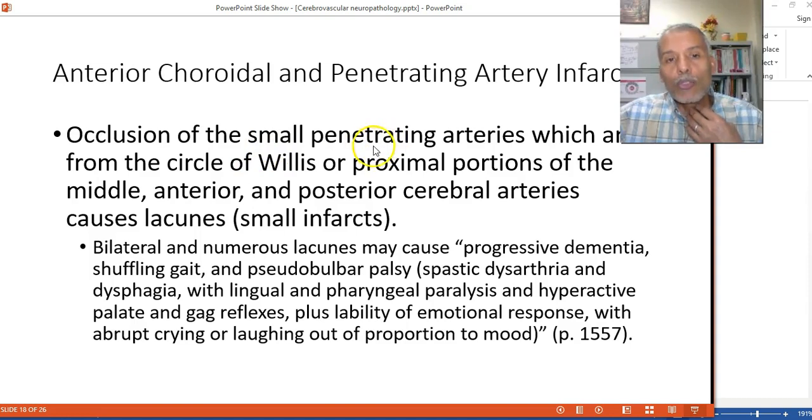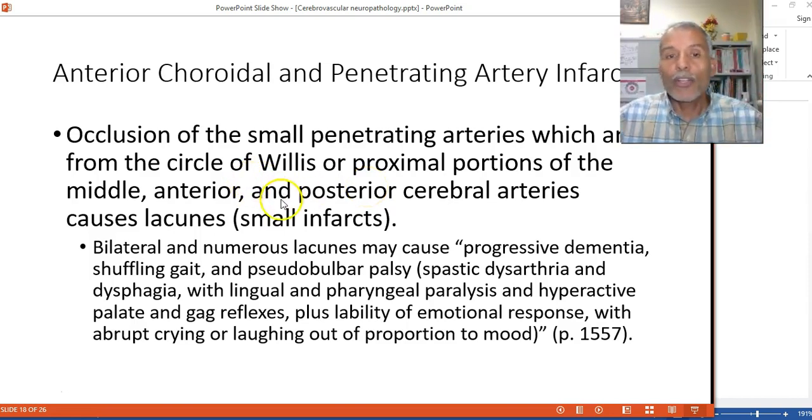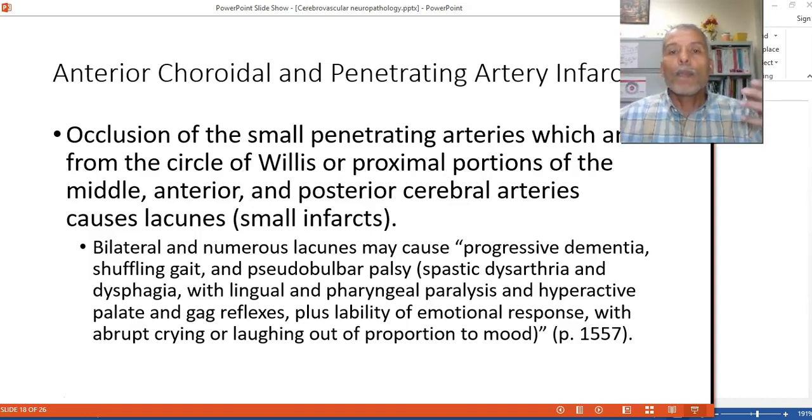So occlusion of the small penetrating arteries that arise from the circle of Willis or proximal portions of the middle, anterior, and posterior cerebral arteries causes lacunes. Lacunes are small infarcts, local but very small, but sometimes there are several of them.